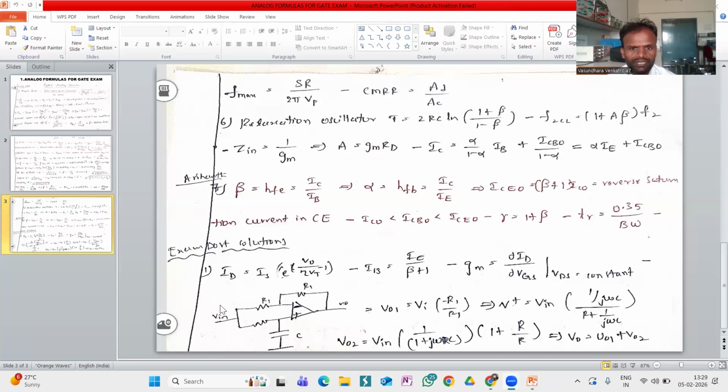Reverse saturation current in CE: ICBO less than ICEO. Gamma is nothing but the conduction angle. 1 plus beta. Rise time TR equal to 0.3735 by bandwidth.